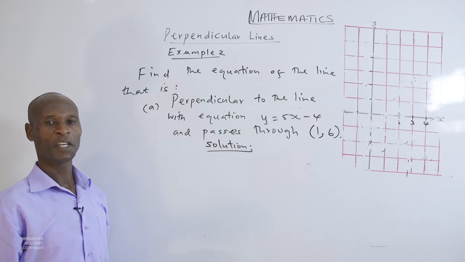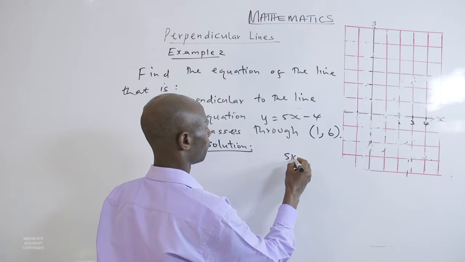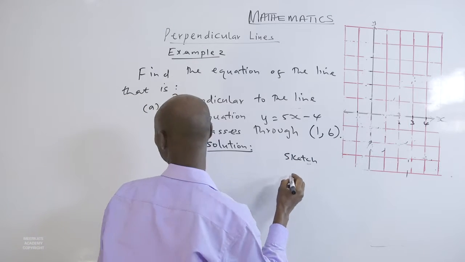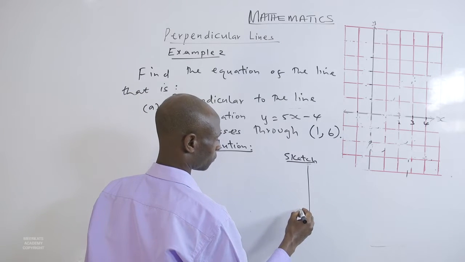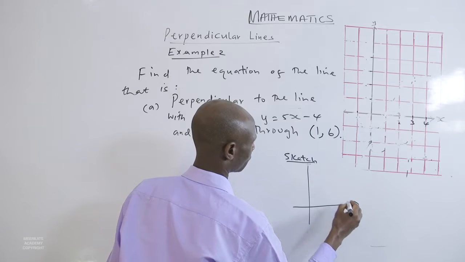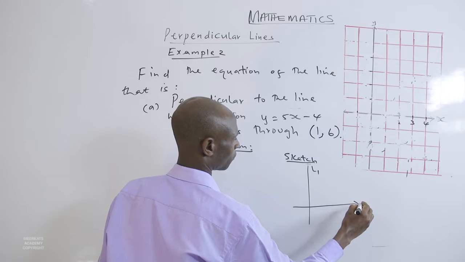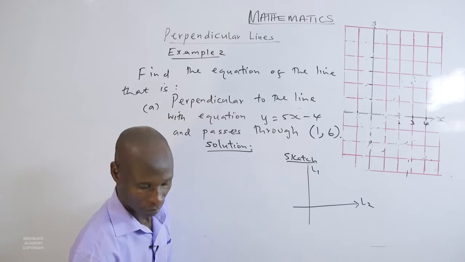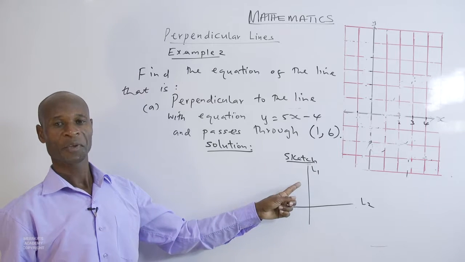So the first thing we can do is to come up with a sketch. In our sketch, we have 2 lines.